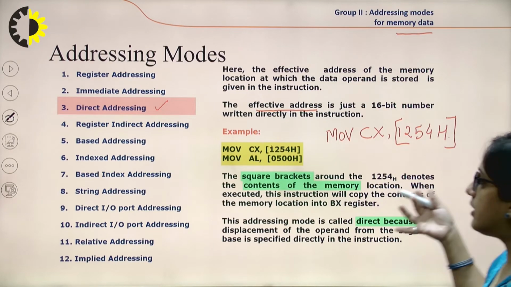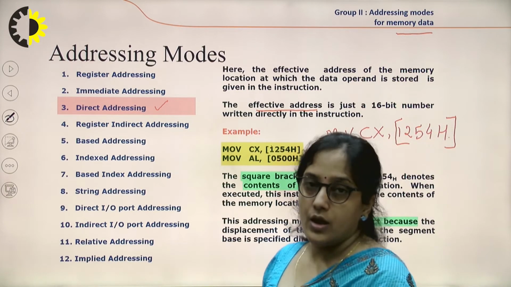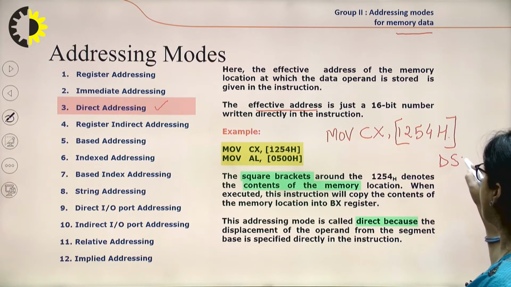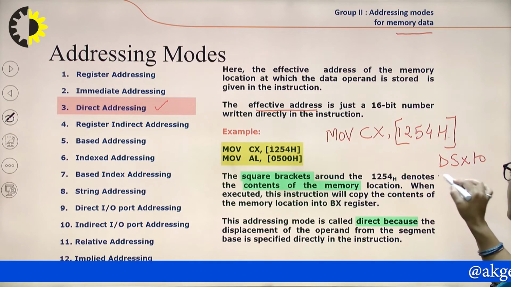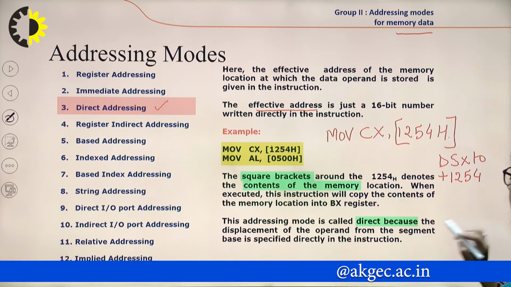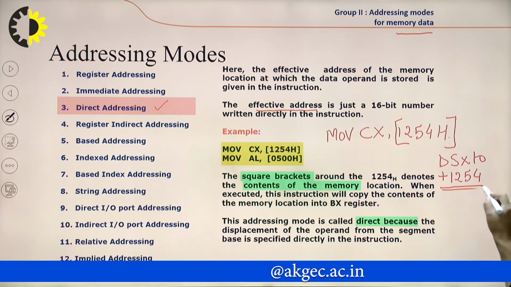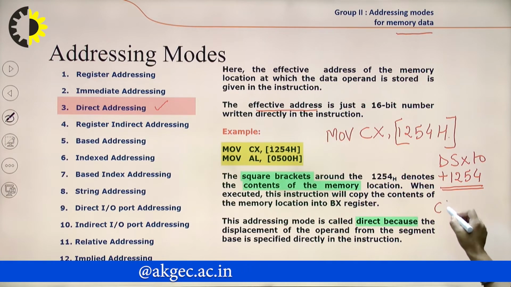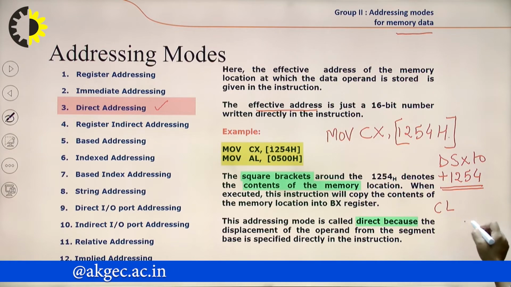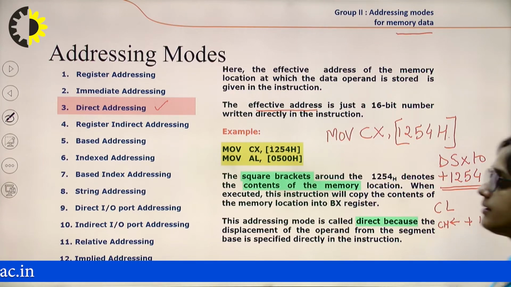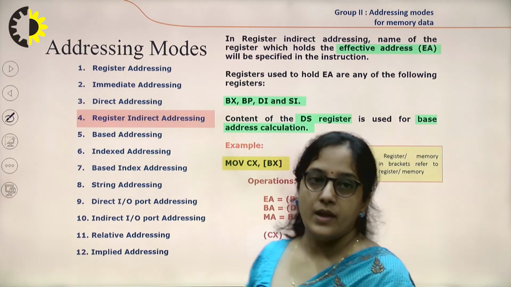We will generate an address of 20 bits by using DS as the data segment, multiplying it by 10, and the address generation circuitry will add 1254 to this. The content at the generated address will be stored in CL, the address is incremented by 1, and the content will be stored in CH. This will be done by the microprocessor itself.